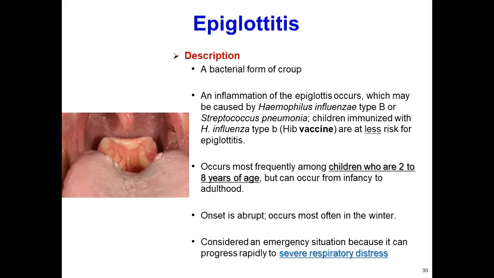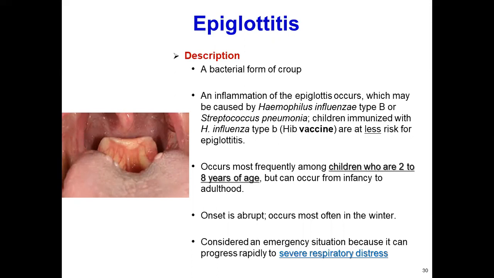So, as I told you, if we do not take care and do not give the medication, epiglottitis leads to respiratory distress, and the patient presents with restlessness, tachypnea, tachycardia, dyspnea, or nasal flaring, retraction, wheezing, or diaphoresis.